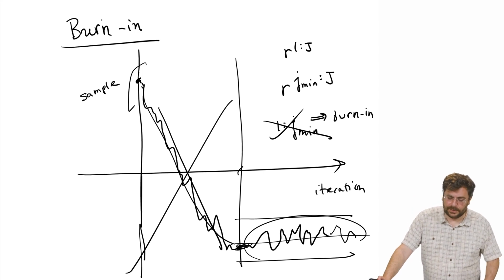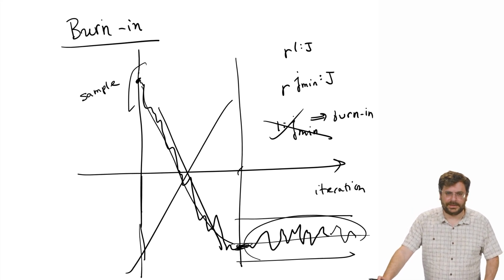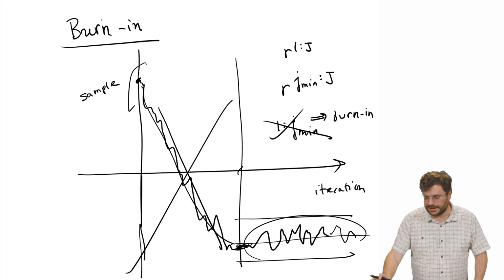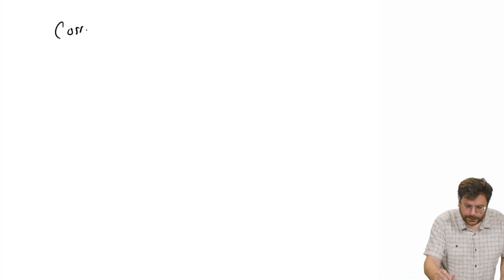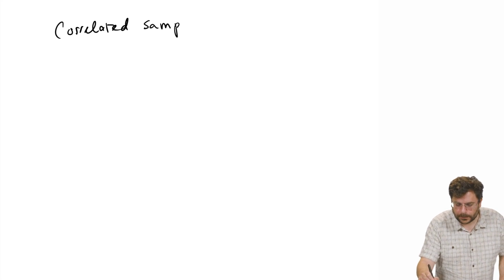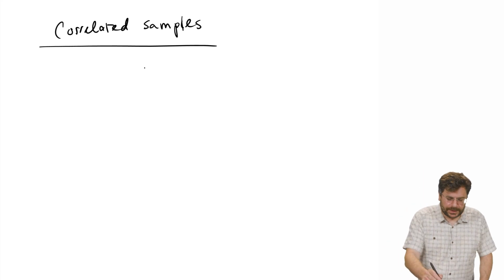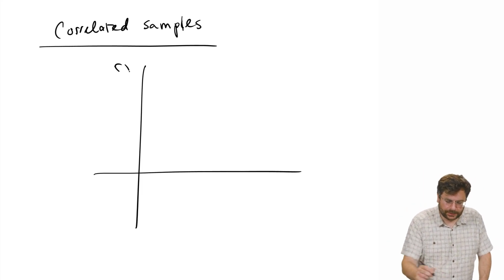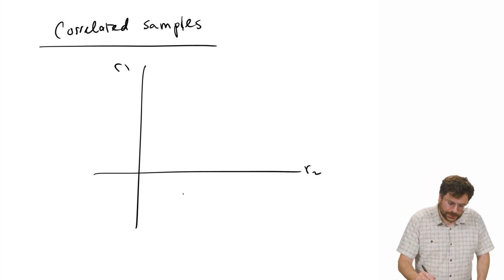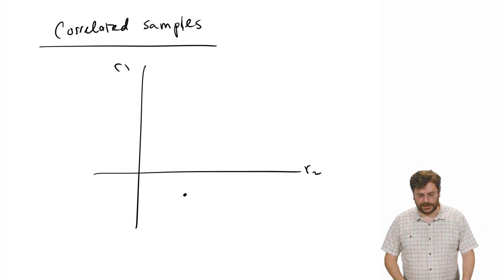There's something else which is a little bit difficult with MCMC, and in fact, burn-in is the easy thing, but it's the notion of correlated samples. So take, for example, the fact that you can have an R1 and R2. Your initial condition is here.